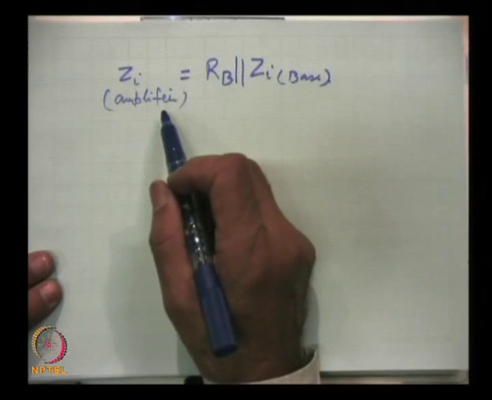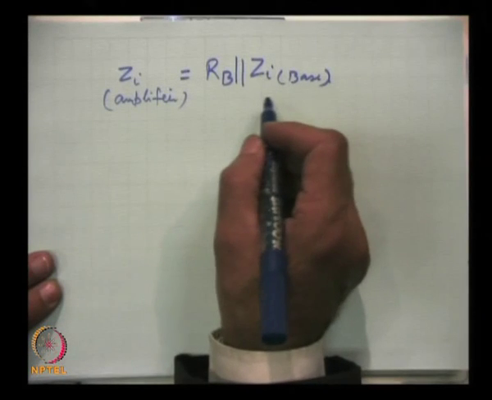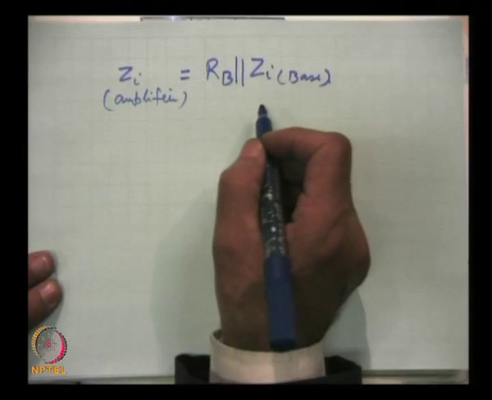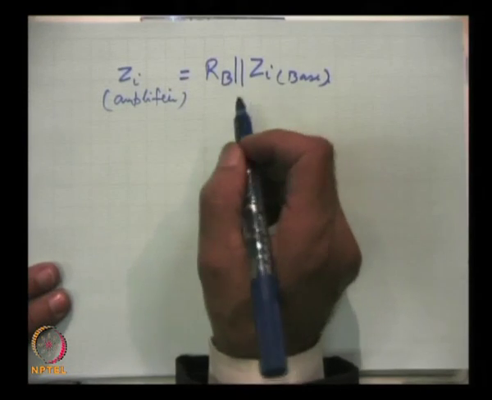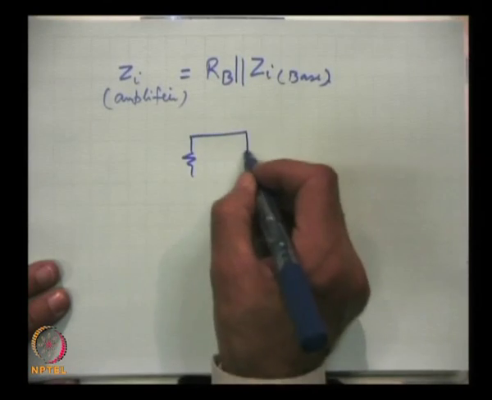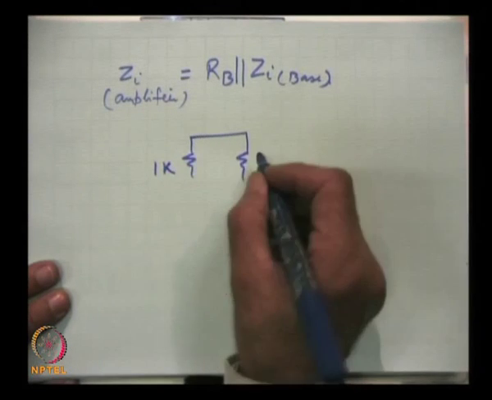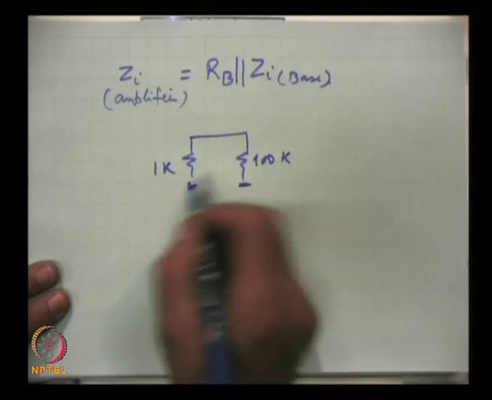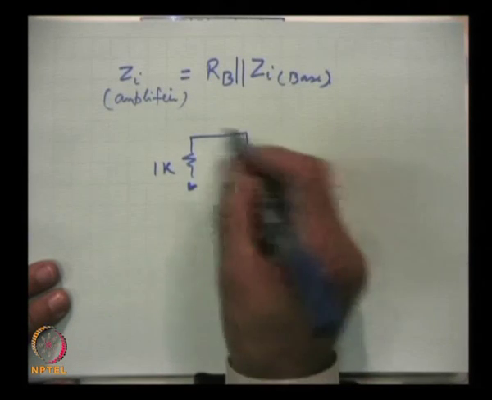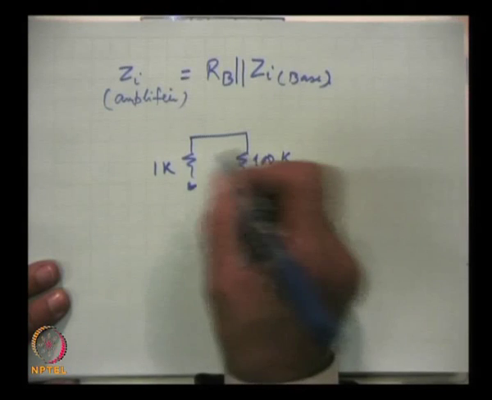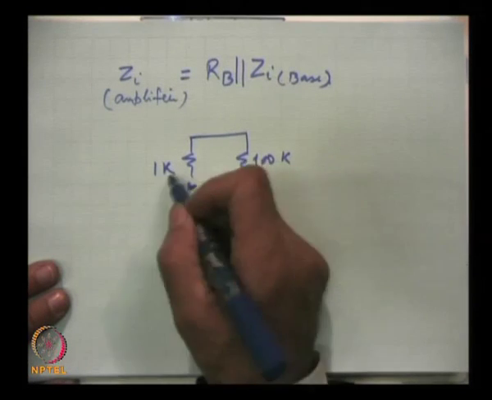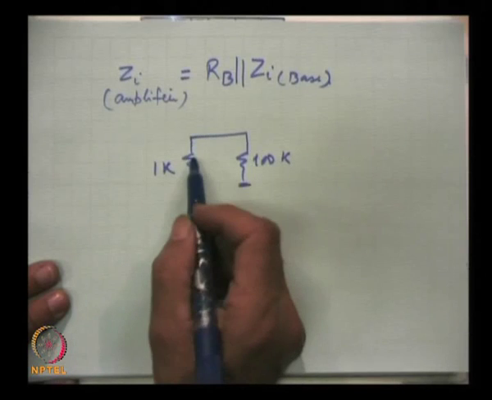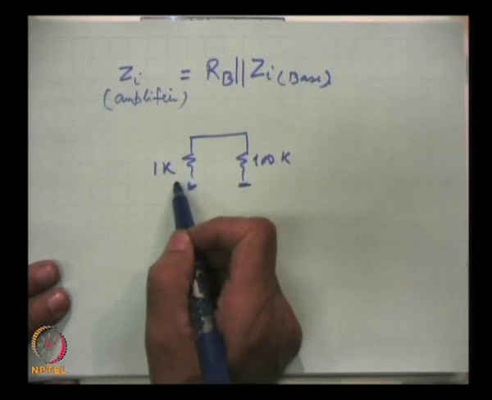amplifier input impedance. Remember, when two resistances are in parallel, the parallel combination results in an impedance less than the smaller resistance. I do not know if you have ever thought on that. If there are two resistances, 1K and say 100 K, these two in parallel will result in an effective impedance less than 1 K in this case.